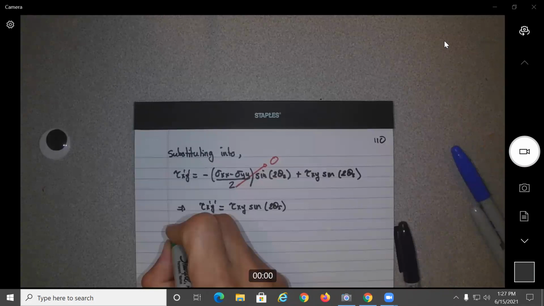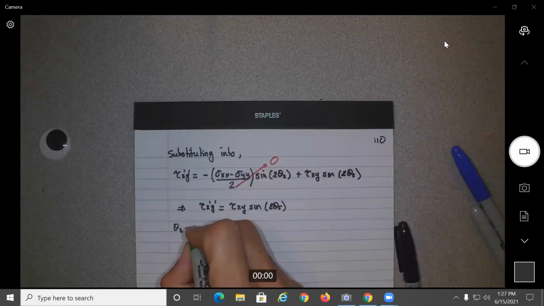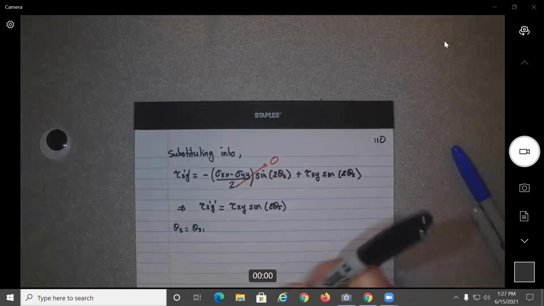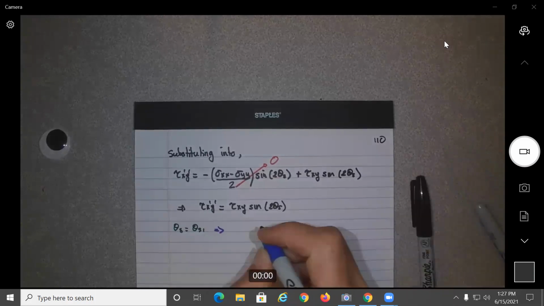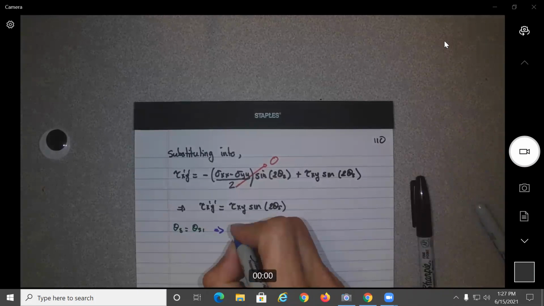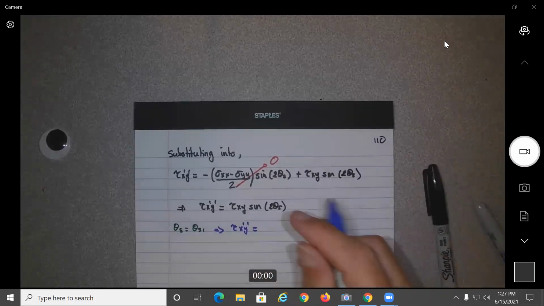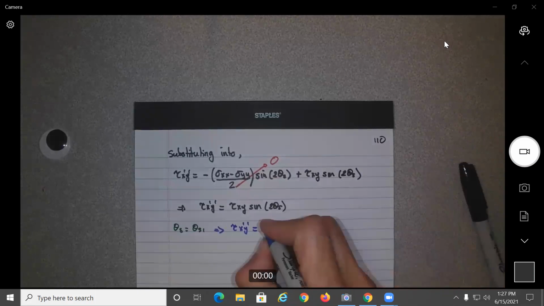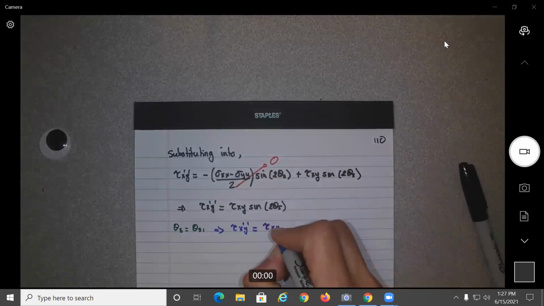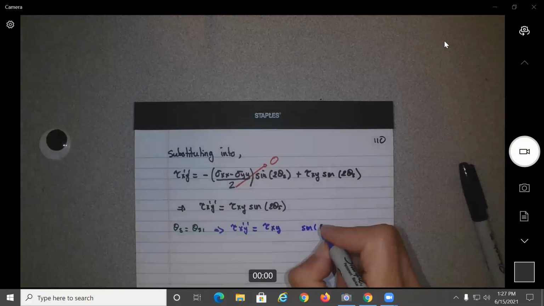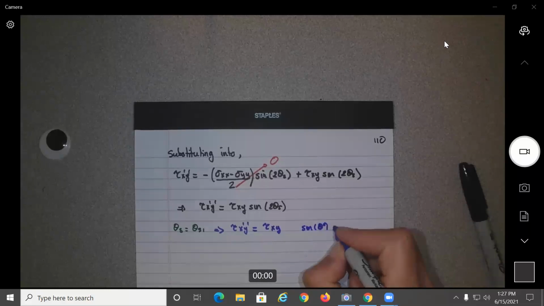meaning that for theta s equal to theta s1, what do we have? We're going to have tau x prime y prime equal to tau xy, because sine of 0 is 1.